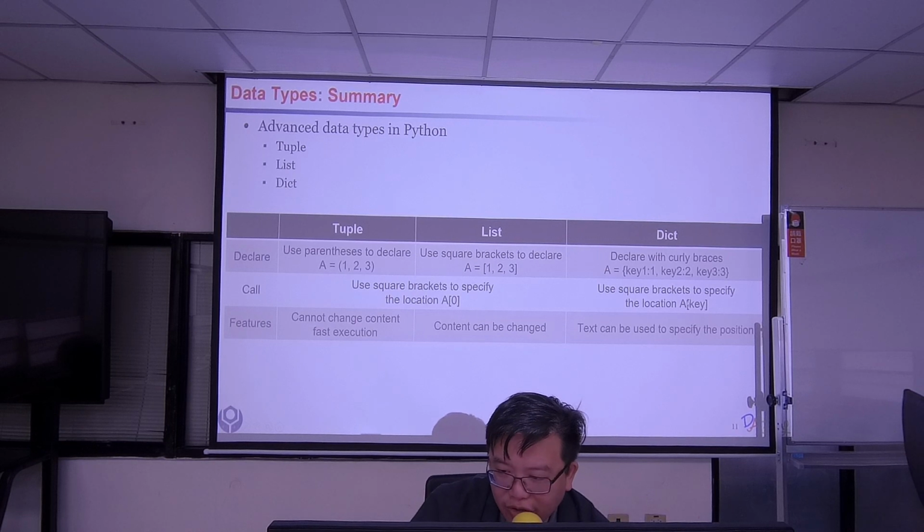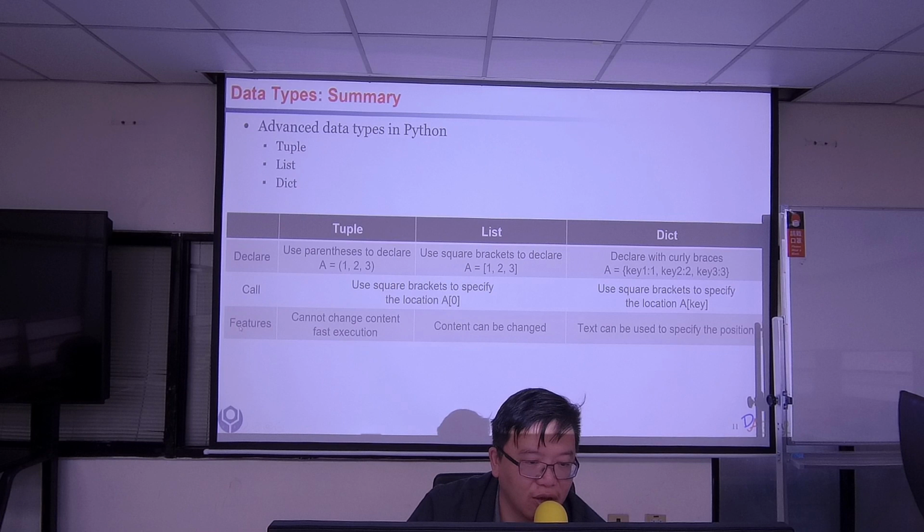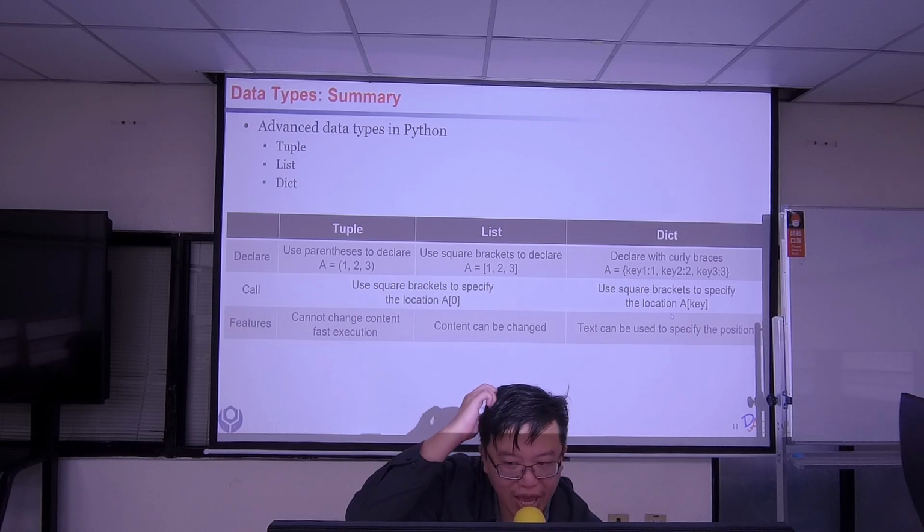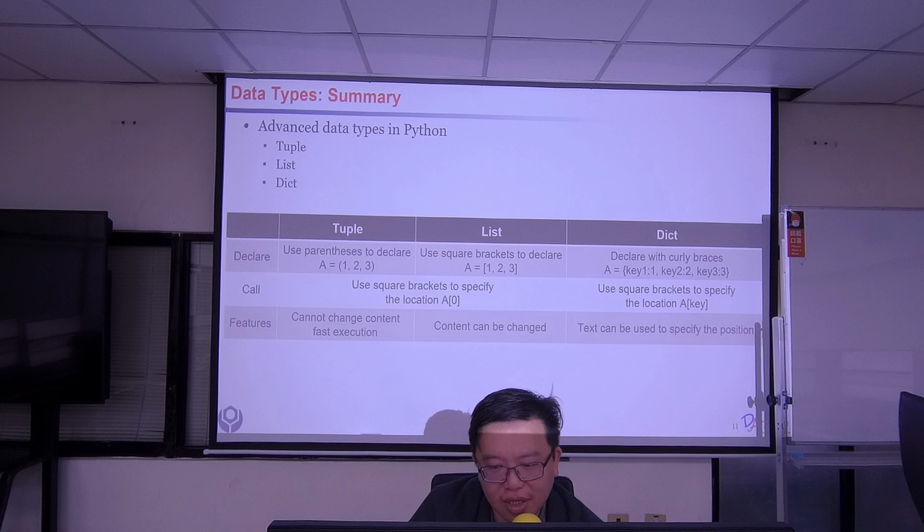For dictionary, you can only use the key to get the value. What's special about them? Tuple doesn't change. List can be changed. Dictionary, you can use a string to identify a content instead of an index.